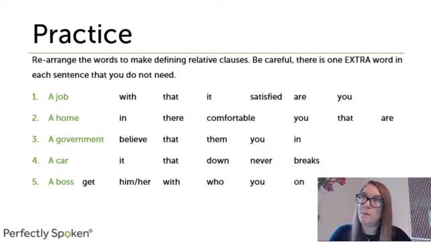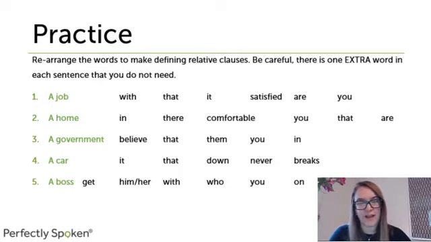Number 2, a home. In their comfortable you that are. Number 3, a government. Believe that them you in. Number 4, a car. It that down never breaks.